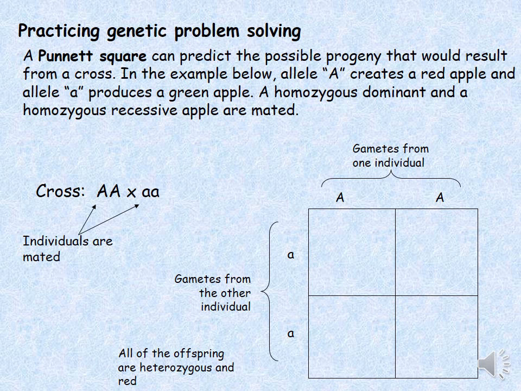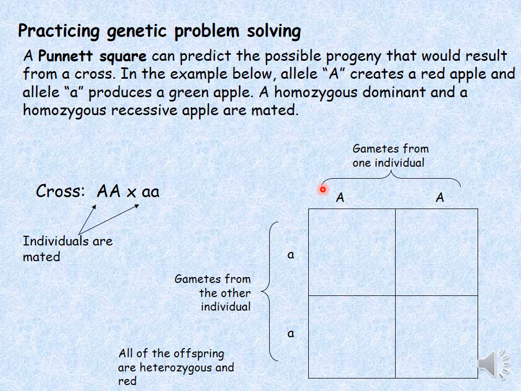So a homozygous dominant and a homozygous recessive will be mated. Now the apples won't be mated, it will be the trees that are producing these apples. So we're going to be crossing a big A, the homozygous dominant, with small a, the homozygous recessive, mating these two individuals.